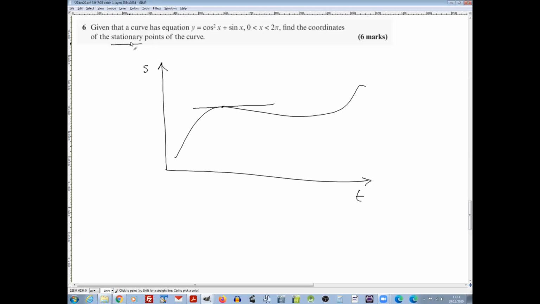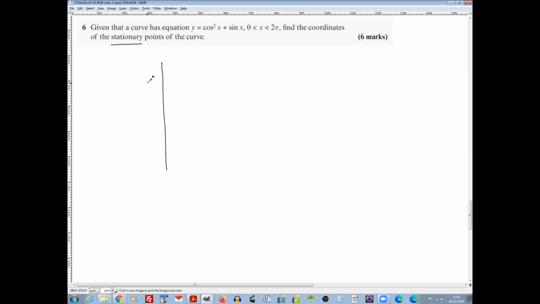I mean, you might say we're assuming that this was a displacement time graph. No, because we overgeneralize. We just refer to turning points as stationary points, whether it makes sense or not. Whether we're talking about something which is stationary or not. So it's just a sort of metaphor, really. Somehow or other in maths, these are considered to be where the curve is stationary. Okay.